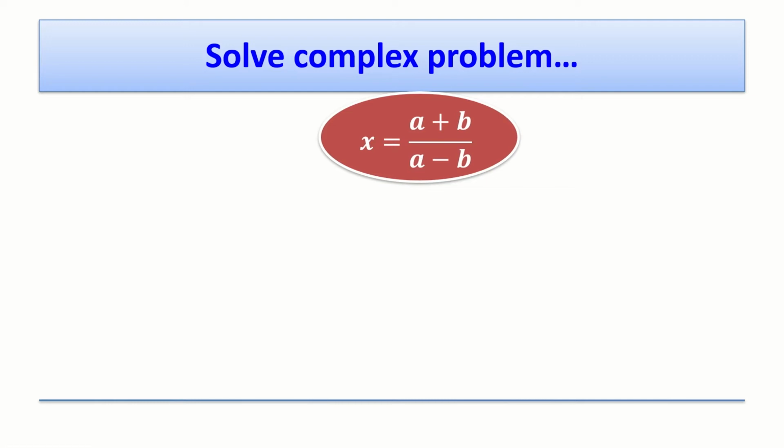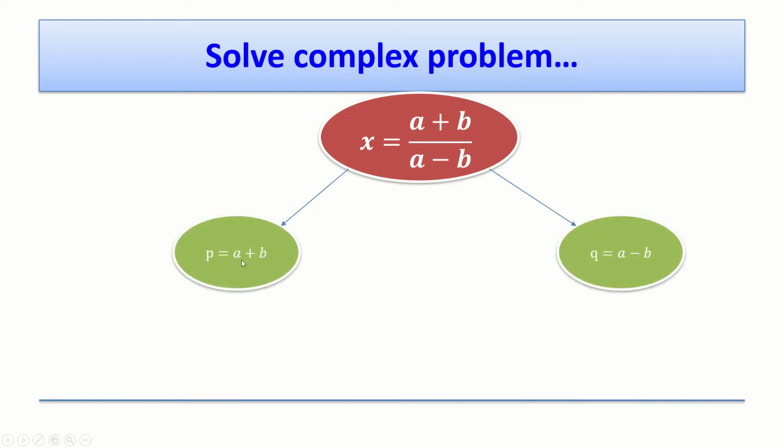So what we can do is divide this main problem into sub problems. We can take a plus b as one component, a minus b as another component. So we call p equal a plus b, and then we can take q equal a minus b. Then we can have a final solution by p divided by q, right?